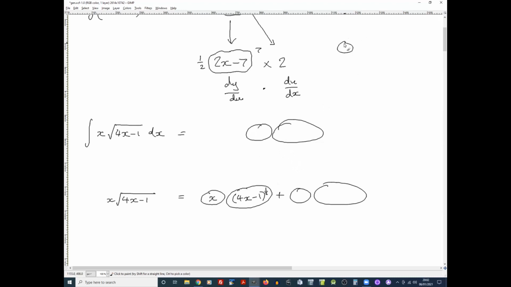Remember with a product rule, it's always differentiating one at a time, leaving the other one alone. But it doesn't matter which way round you do it. There's the choice always with the product rule.